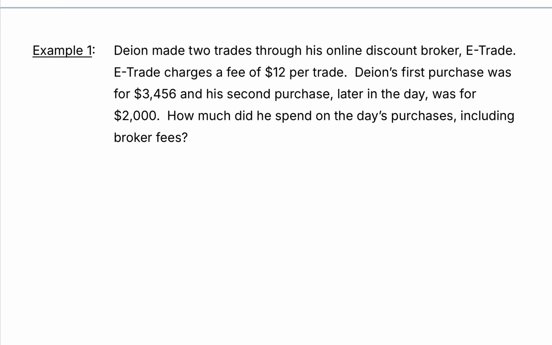Okay, so for the first trade, he purchased $3,456, and E-Trade charges a fee of $12 for that trade. Okay, so we add $12 here, and that works out to $3,468.